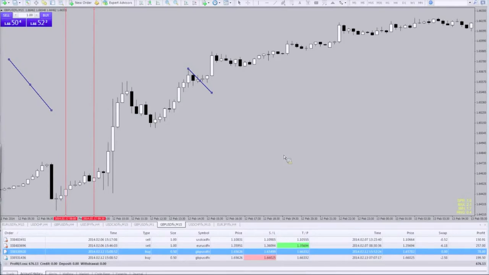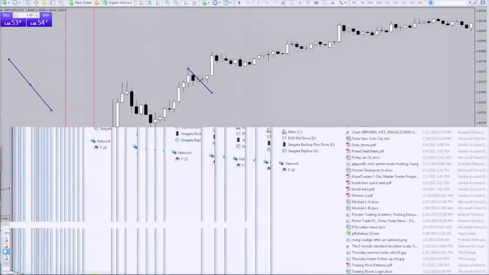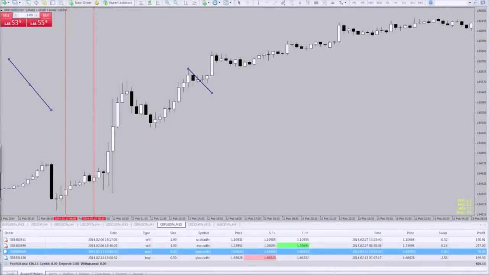I'm just doing a little stuff on the computer so I can show you the picture, because I followed the trade through. Okay, and this is pound dollar 15-minute. Just give me a second, and I'll bring that up so you can see it.